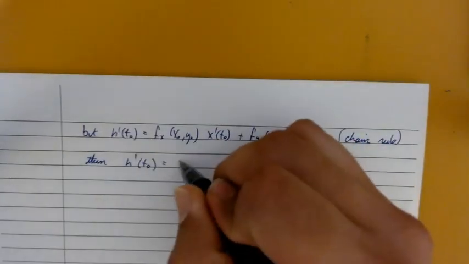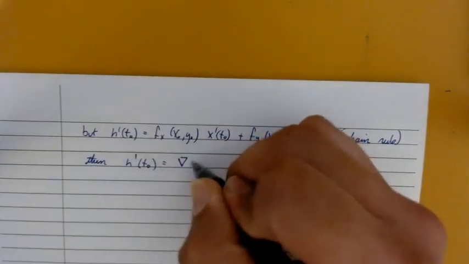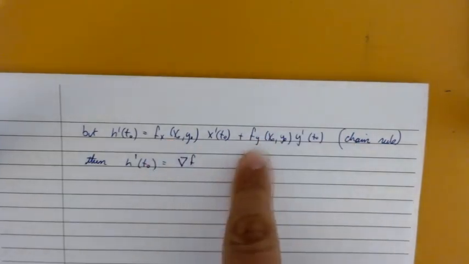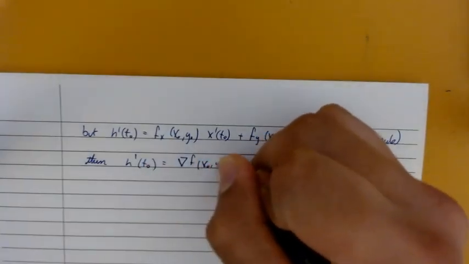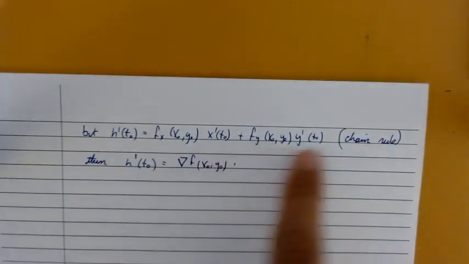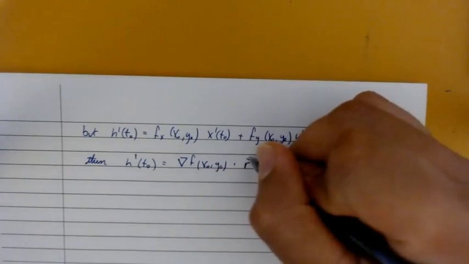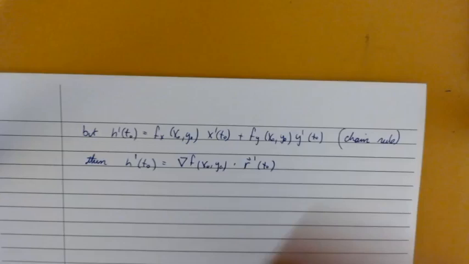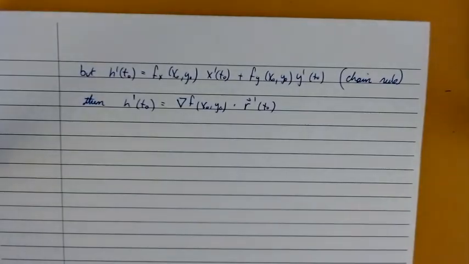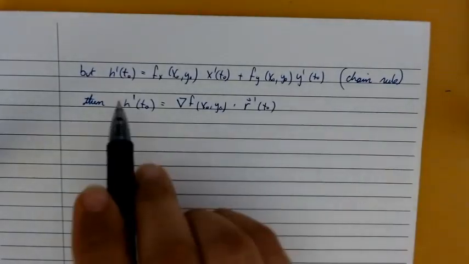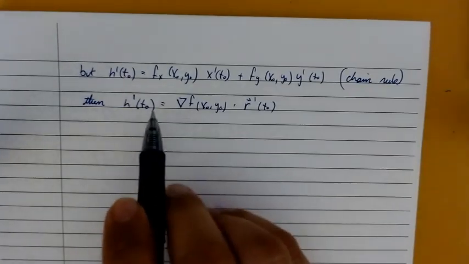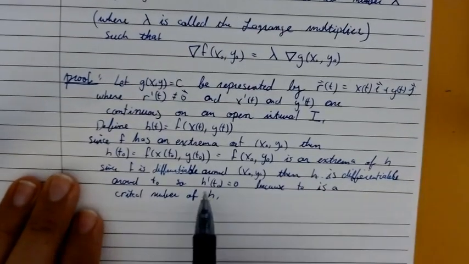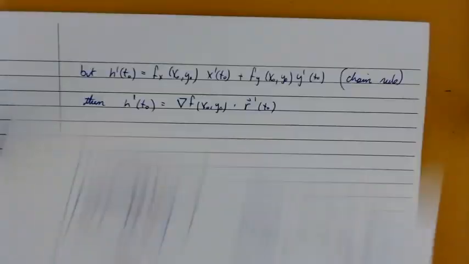So that's going to equal the gradient of f, that'll give us those components, at x naught comma y naught, dotted with the derivative of the components of the vector r, again, at t naught. Okay, but over here, we just saw that h prime of t is equal to 0.